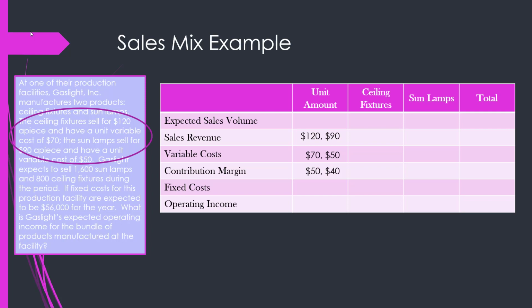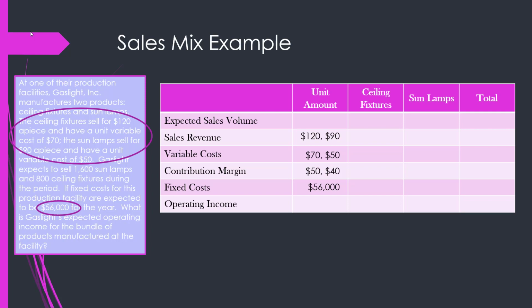And for the sun lamps, if they sell for $90 and have a variable cost of $50, each one of those is going to contribute $40 towards covering this facility's fixed cost. And once again, this facility's fixed cost in total are $56,000, which both of these products have to help cover.